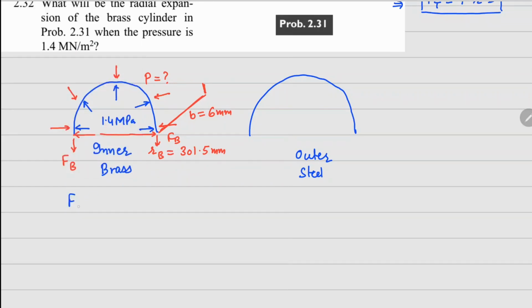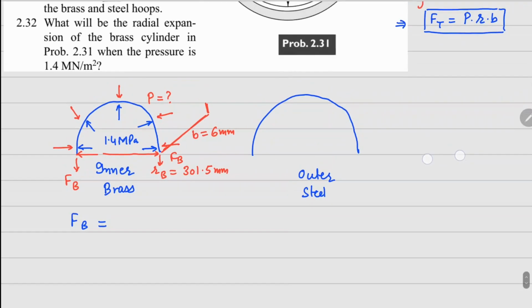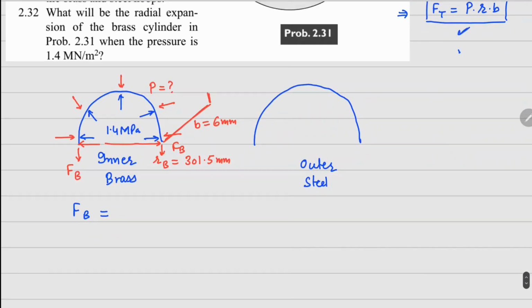So writing down your FB based on this relationship that we have written, it's going to be 1.4 megapascals times RB times B. Now this is on the positive side.